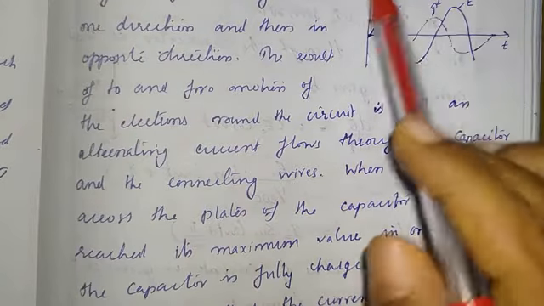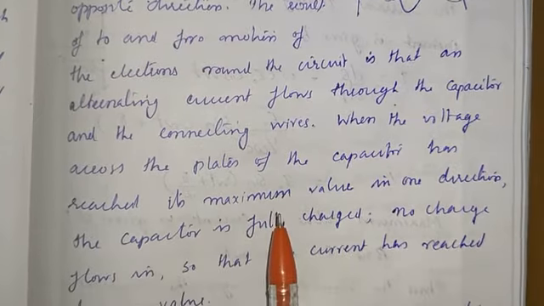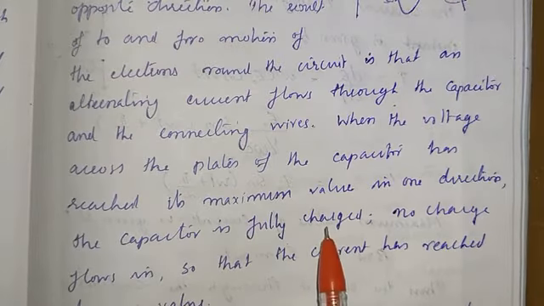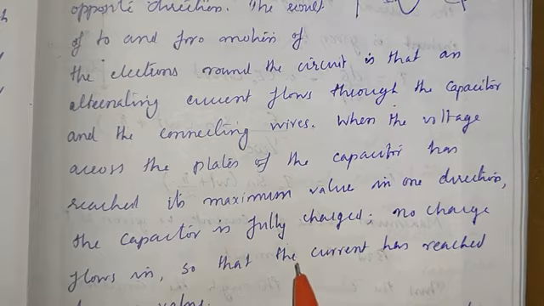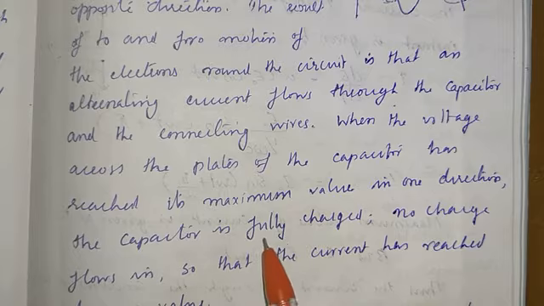and the connecting wires. When the voltage across the plates of the capacitor has reached its maximum value in one direction, the capacitor is fully charged. No charge flows in, so the current has reached its zero value.